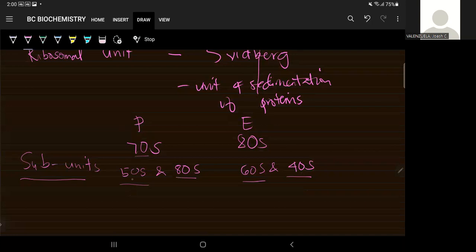I would like to correct this one. It's not 80, it's 30S. It's the 50S subunit and the 30S subunit for your 70S ribosomal unit, and then the 60S and 40S subunits for the 80 Svedberg ribosomal unit of your eukaryotic cell.